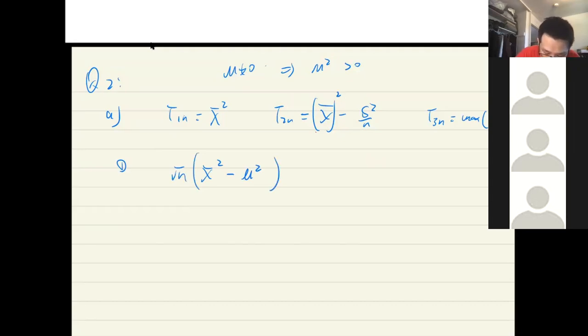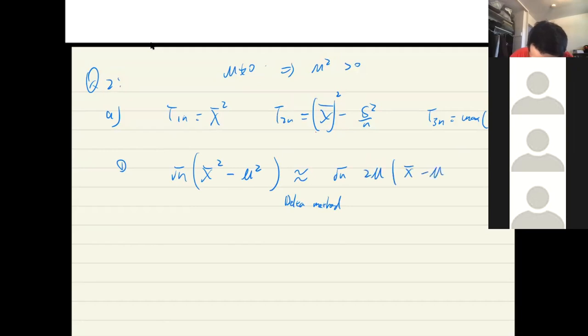This can be approximated by the delta method. We find the first derivative, which is 2 mu. Think of g of mu equal to mu square, and we take the first derivative of g of mu.